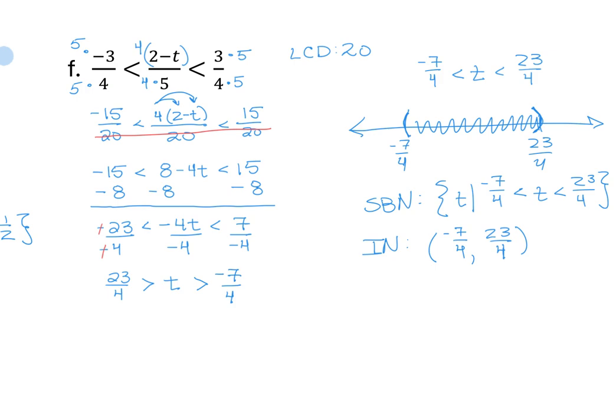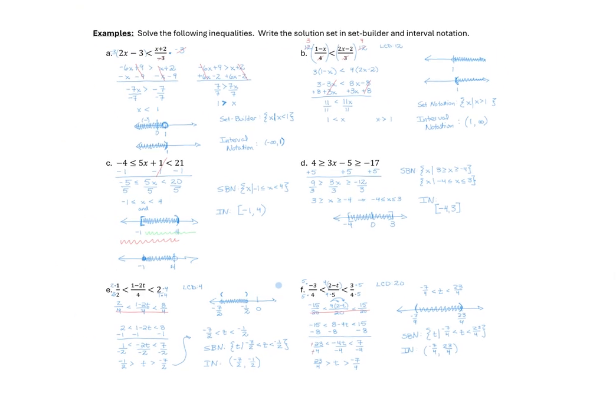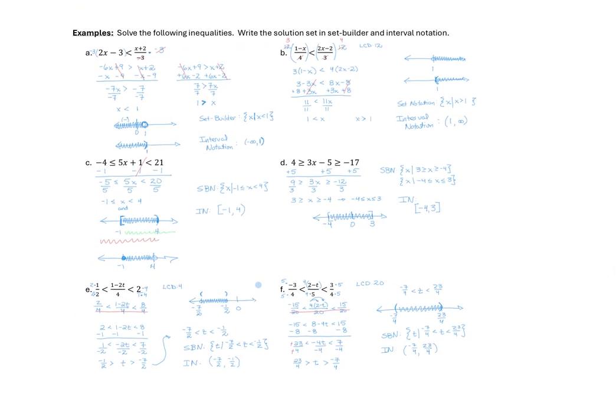Now, one of the things about three-part inequalities is these are always going to shade the middle. Remember that a three-part inequality basically represents an and statement. And so the only region that can satisfy both is going to be the middle.